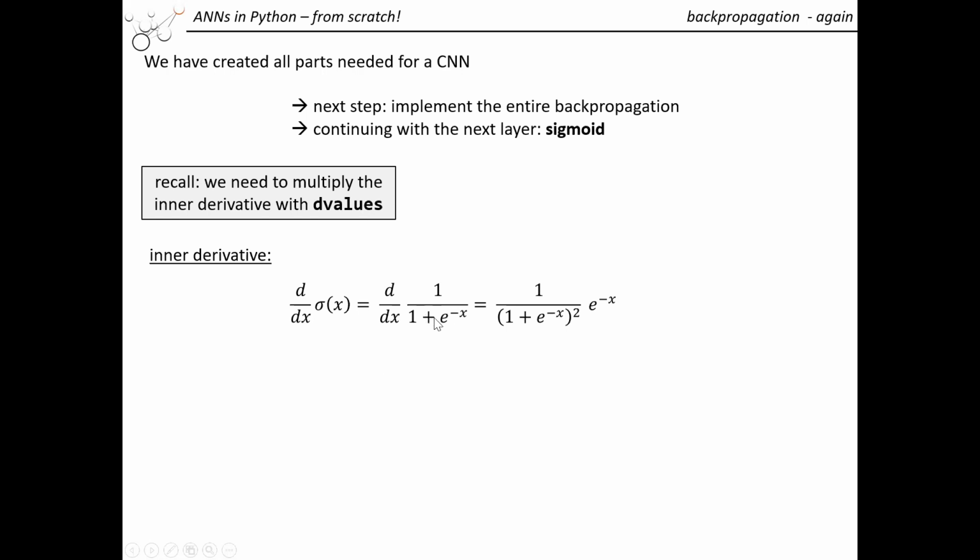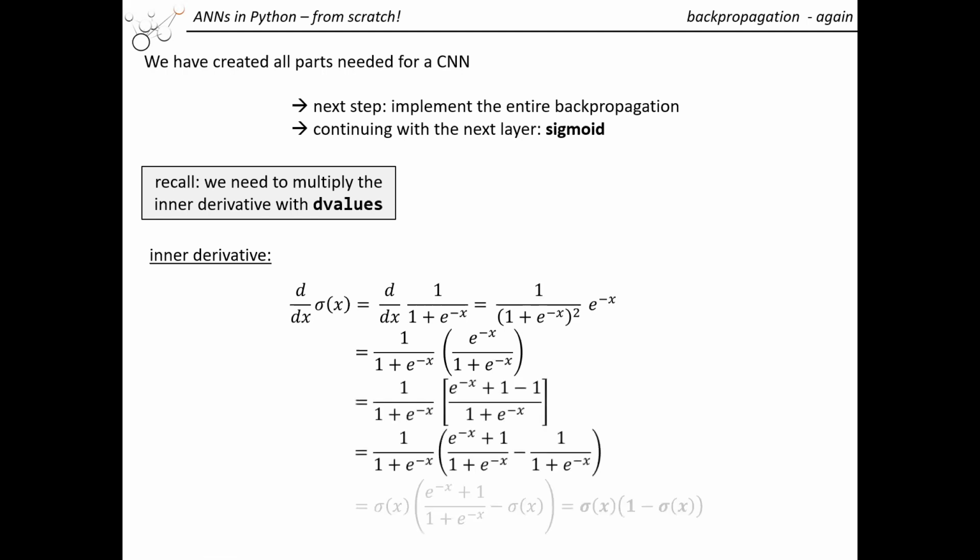You have 1 plus e to the power of minus x in the denominator, which gives you to the power of minus 1. That's where the 2 comes from, times the inner derivative, which is e to the power of minus x. And the inner derivative of that gives me a minus here, which cancels out with the minus I actually get from the denominator here. And when you see such a structure, you can see that the original function is somewhere hidden in our derivative. And it's pretty helpful to rearrange that a bit.